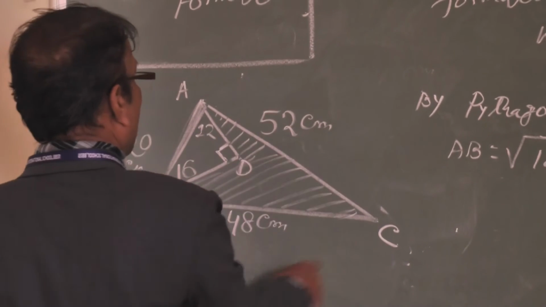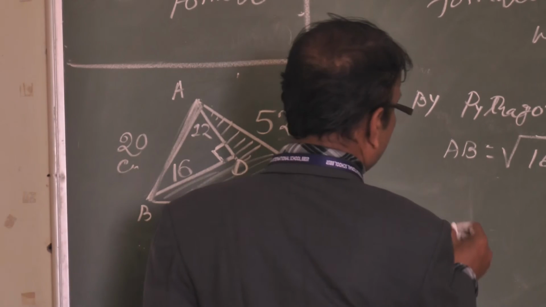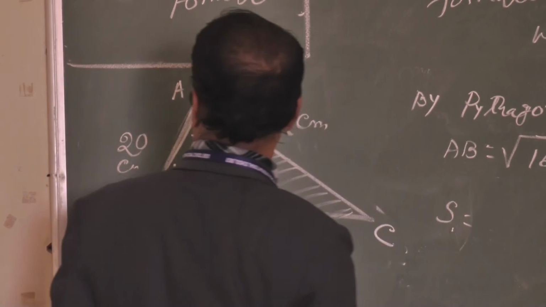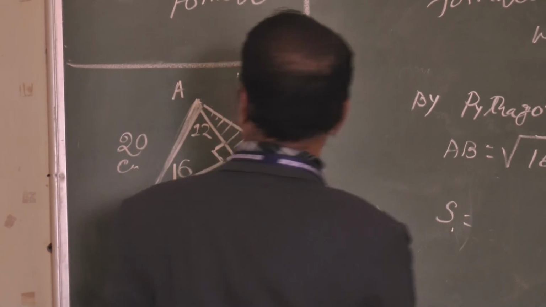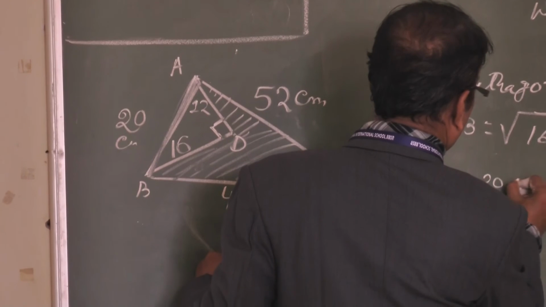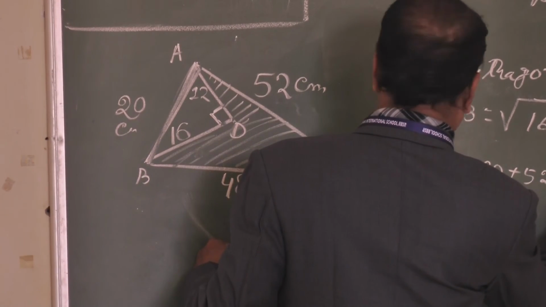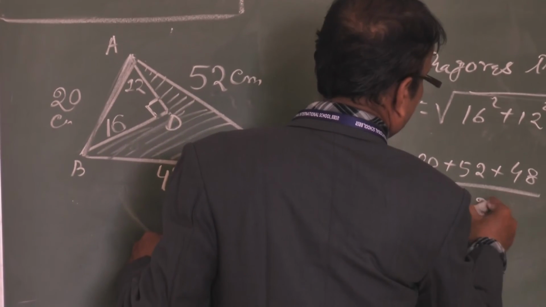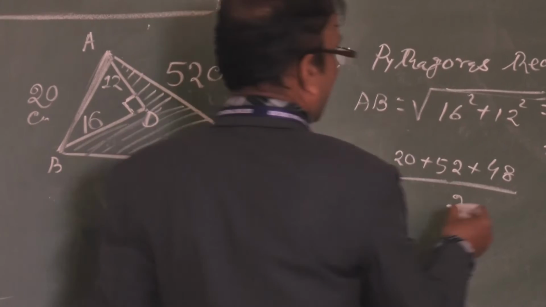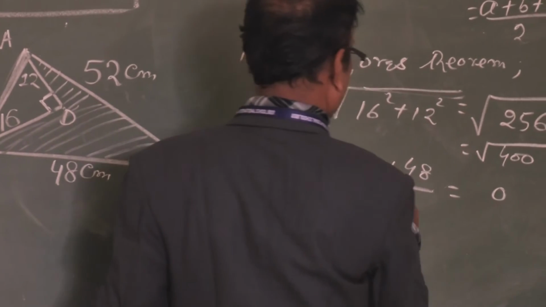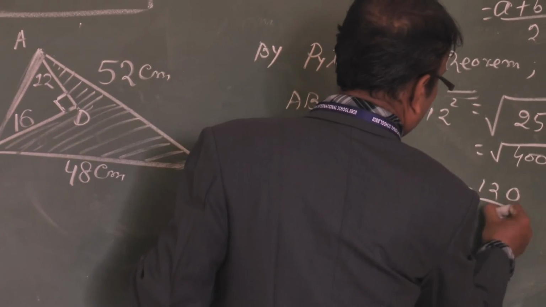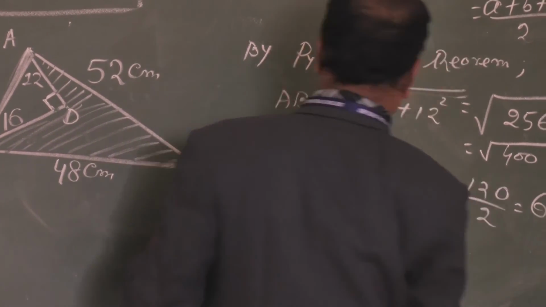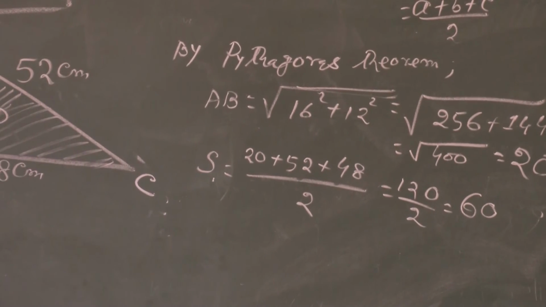Now use Heron's formula. S is equal to this plus this plus this by 2. So 20 plus 52 plus 48 by 2 is 60. So semi perimeter we got 60.